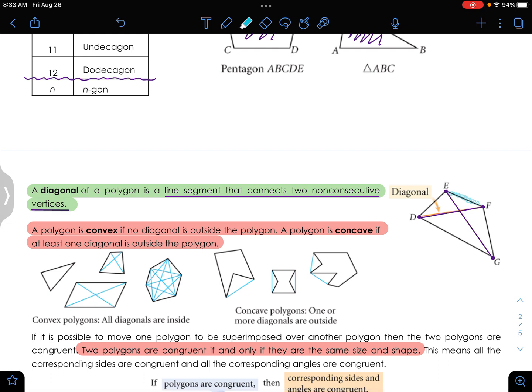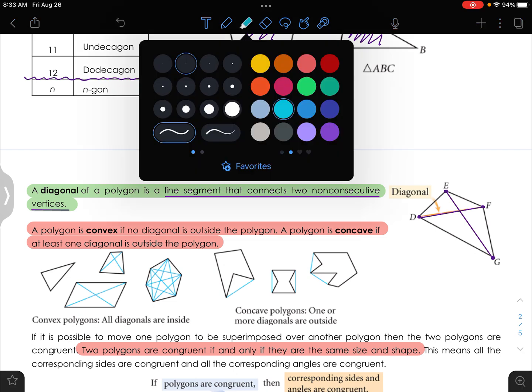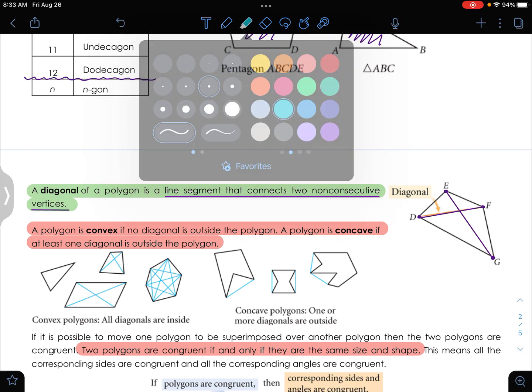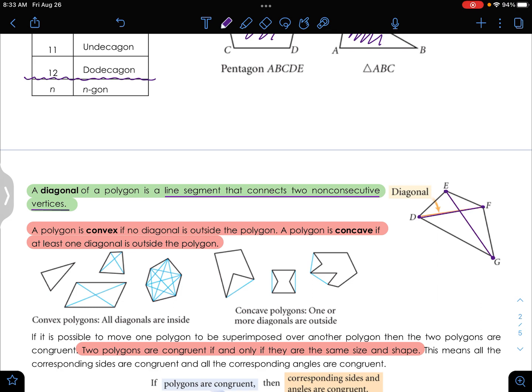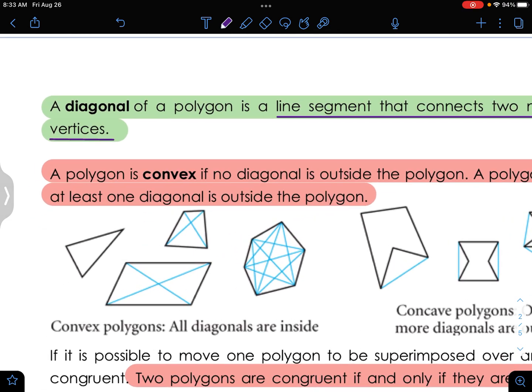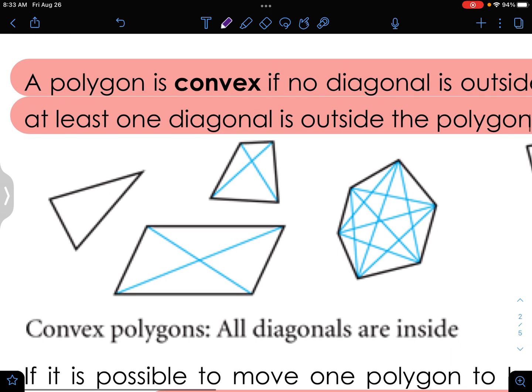Diagonals are used to help us figure out whether or not a polygon is convex or concave. A polygon is convex if no diagonal is outside the polygon. If you look at these polygons, the diagonals here are all inside the polygon.